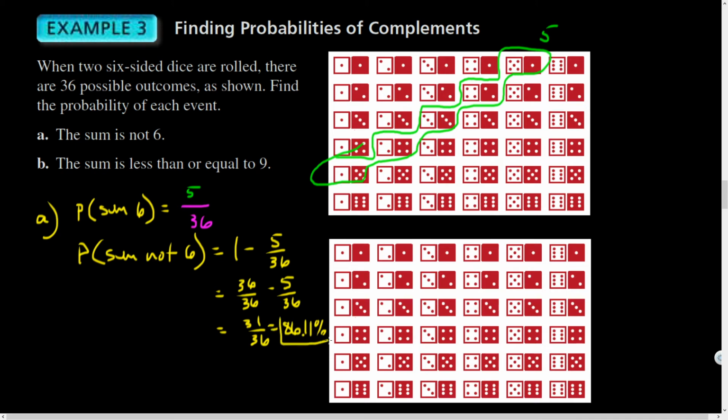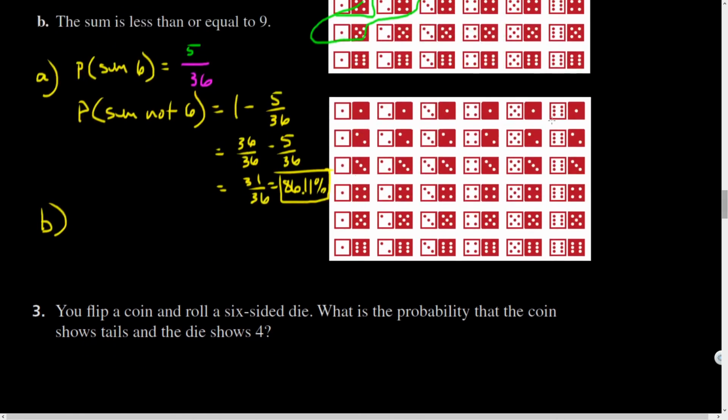If you are wondering. All right, the sum is less than or equal to 9. Okay. Well, I'm not going to use complements, although they say I should or could, but my brain's not thinking that way right now. So I guess greater than 9 would be the other way to do it.